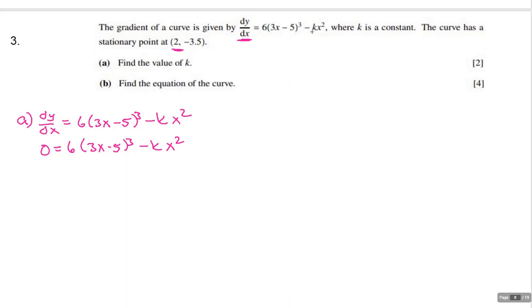And you notice now I've got an equation that only has one variable, k, and I can find the value of k. Pause it and try finding the value of k and start back up again when you're ready.